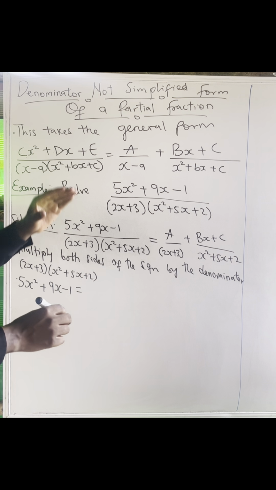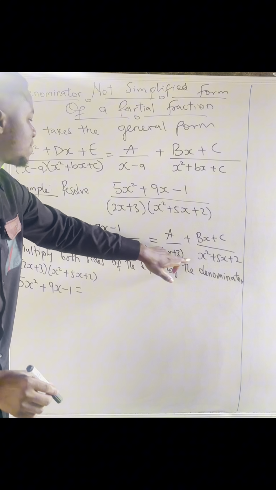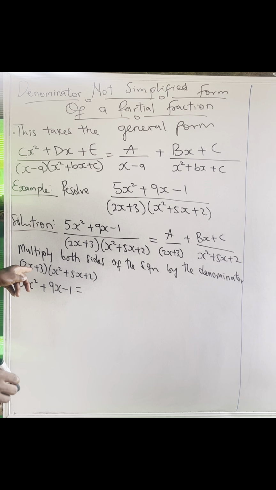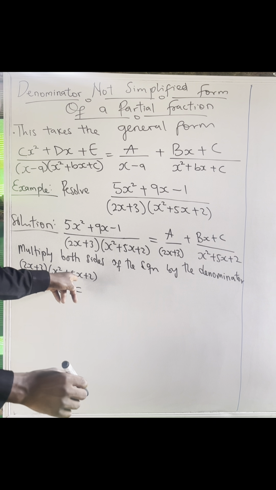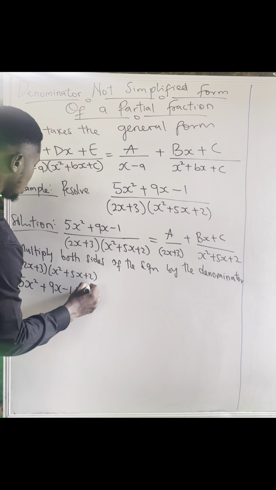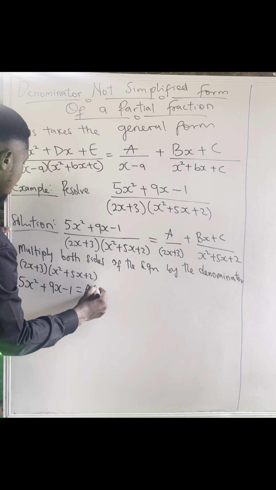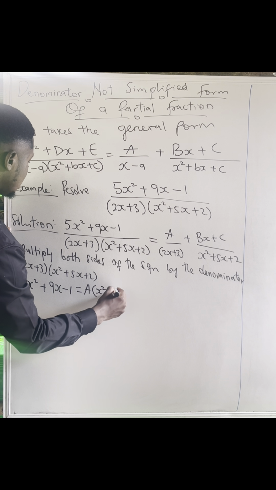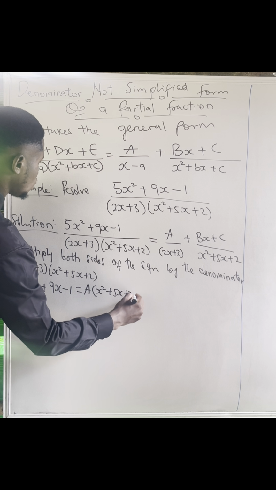Also, if I should multiply this A over 2x plus 3 by this denominator, 2x plus 3 times x squared plus 5x plus 2, then my A is going to remain times x squared plus 5x plus 2.